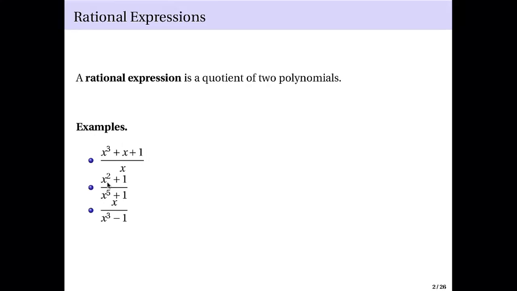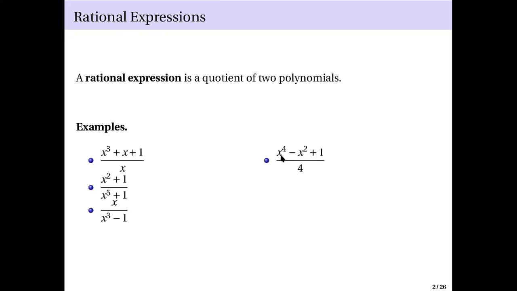In this example, you have x squared plus 1 divided by x to the 5 plus 1. So these two have a polynomial in the numerator, polynomial in the denominator. And in this third example, you have x over x cubed minus 1. Again, polynomial over polynomial. Okay? And some more examples.